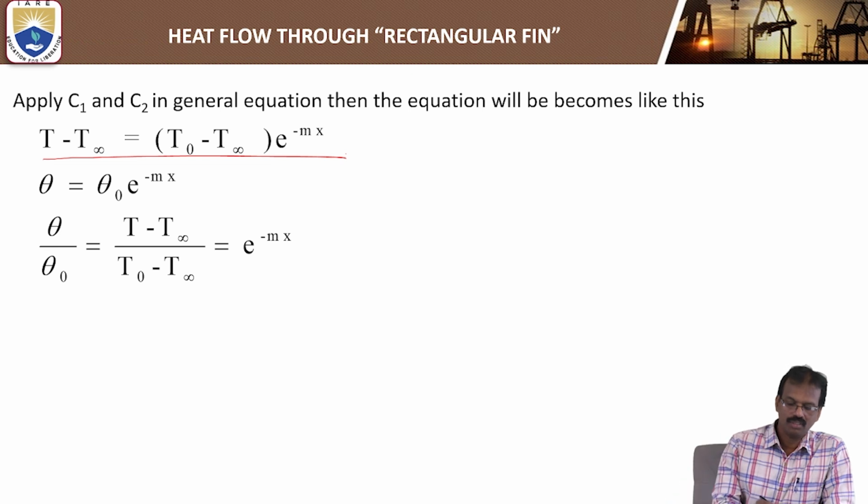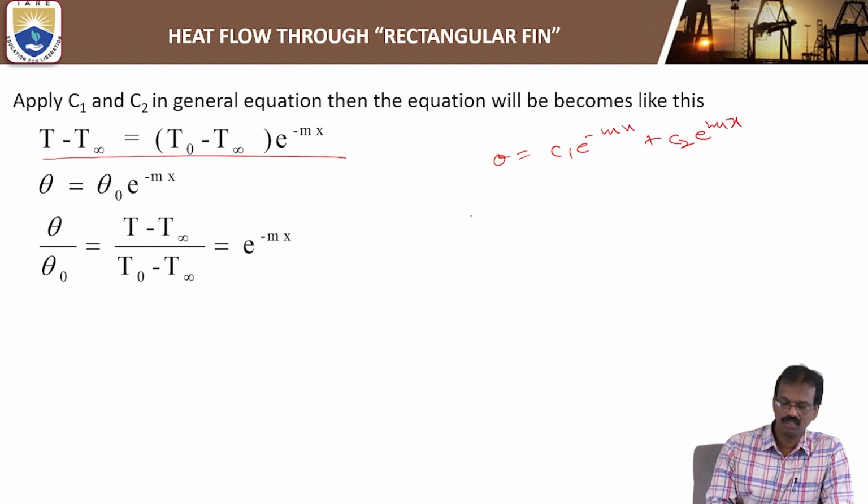You know that theta is equal to C1 e to the power of minus mx plus C2 e to the power of mx. Theta is nothing but T minus T infinity. You know the value of C1, and C2 is equal to 0. C1 is equal to theta naught, T naught minus T infinity, into e to the power of minus mx. So this is the value.